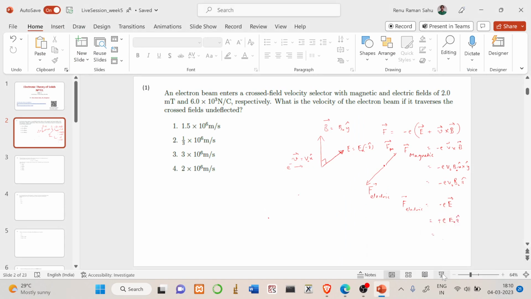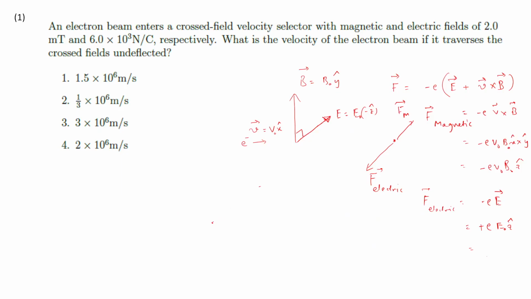What we will be getting is the magnetic force along this direction with the magnitude of e v B, and along this direction we will have the electric force e E. So at equilibrium, if it wants to go undeflected through this velocity selector, we need to have e v B equal to e E.